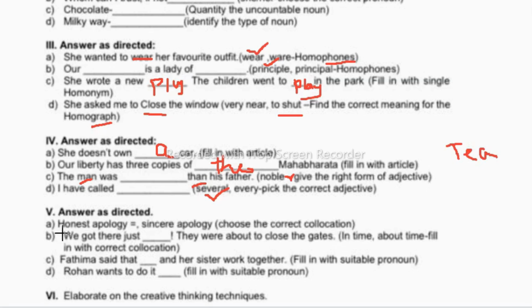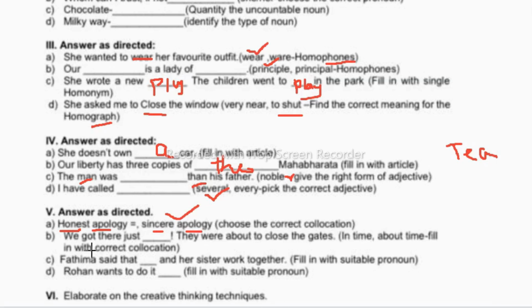Honest apology, this is one word, and sincere apology, this is the second one. So you have to see whether these two words match with each other, are suitable to each other or not. So honest apology, we don't say honest apology, that means true apology, but here sincere apology, which someone feels and apologizes. So that's why we need to use this one, sincere apology.